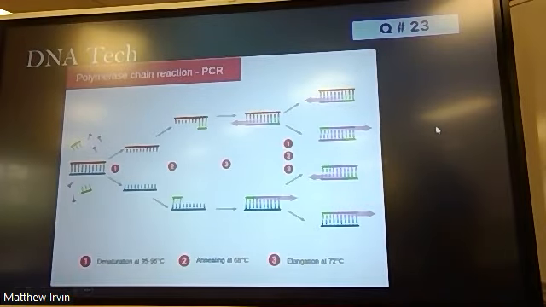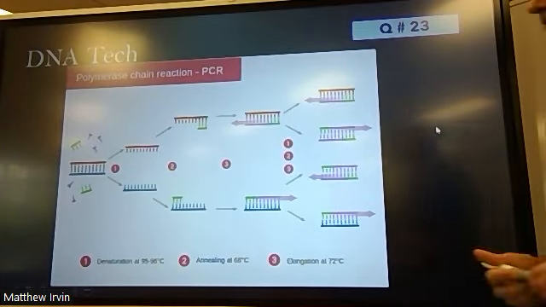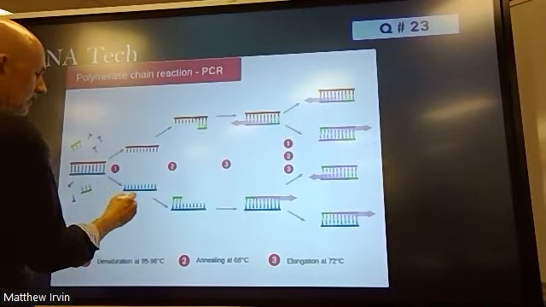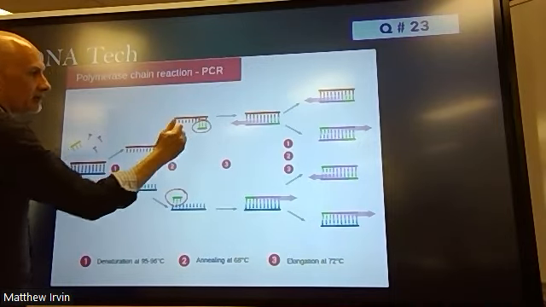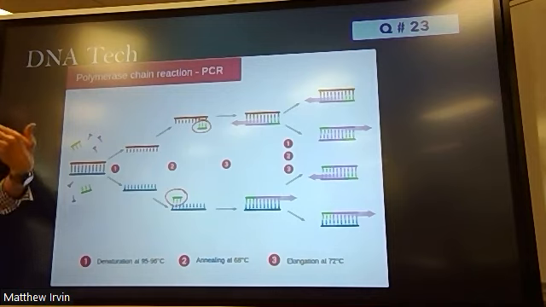All right, DNA tech: polymerase chain reaction. So we're denaturing. We're adding our forward and our reverse primers, so we can build 5' to 3' both ways, so we don't make what?